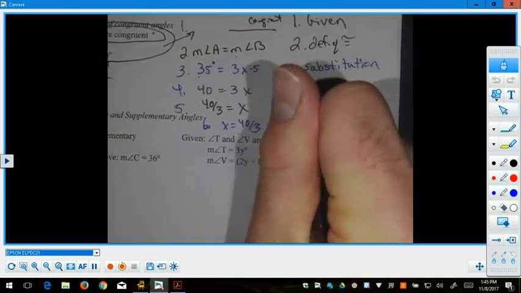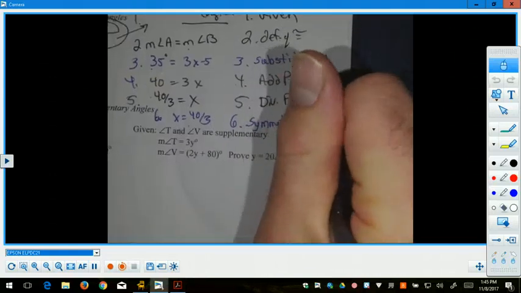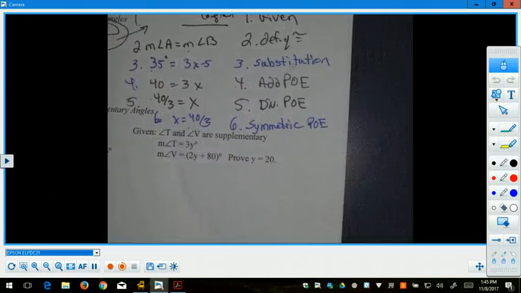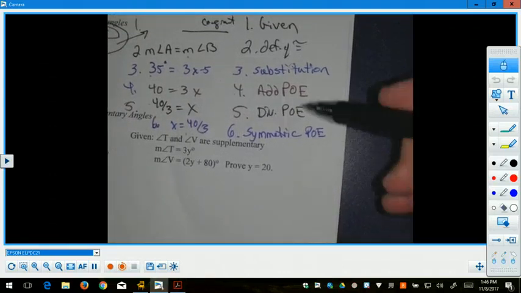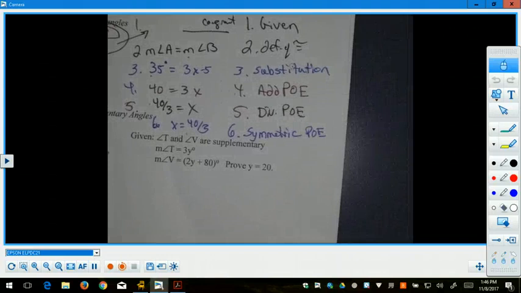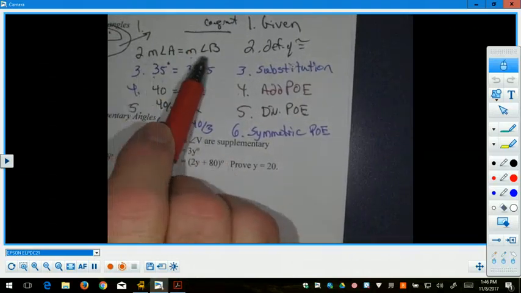So if you've done lesson 2.6, you know that this is the symmetric property of equality. So if you did the video notes for those properties of equality and properties of congruence, this is where it comes into play in our proofs. And right now, most of this proof was algebra, except how we started, which was using the definition of congruent to set up our equation.